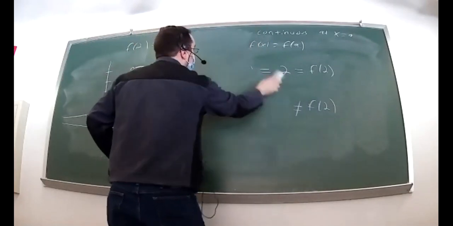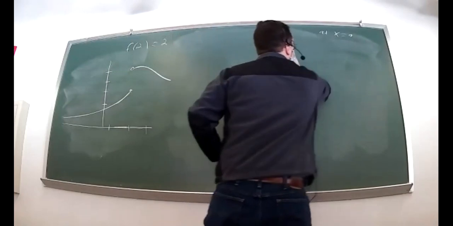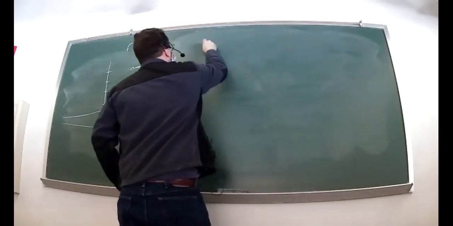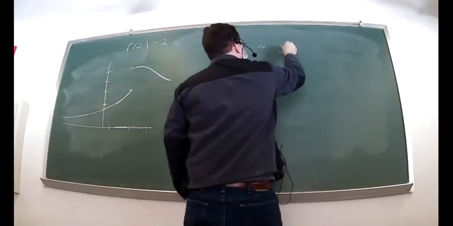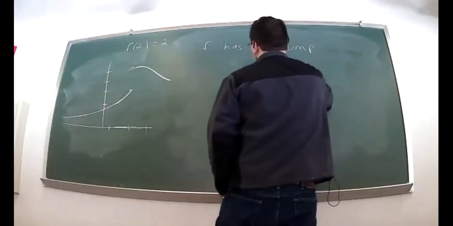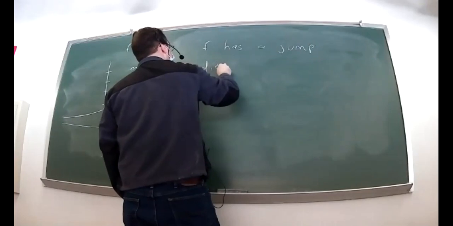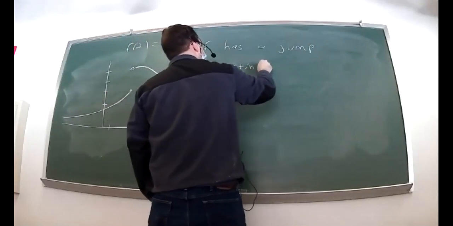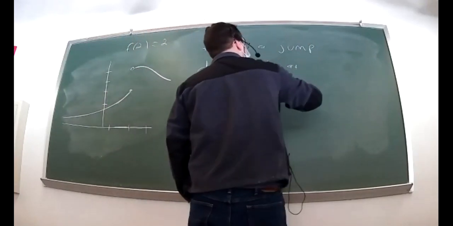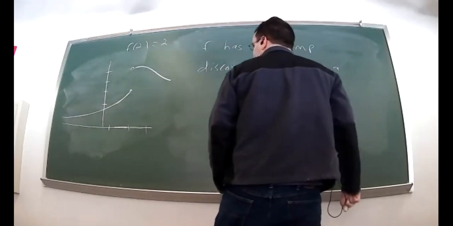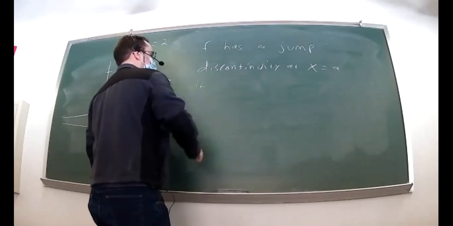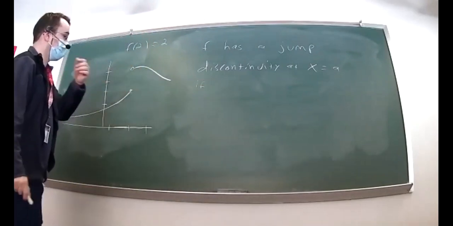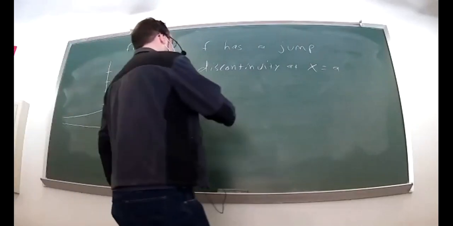Let me write that down. F has a jump discontinuity at x equals a if the left and right hand limits exist, but they don't match.